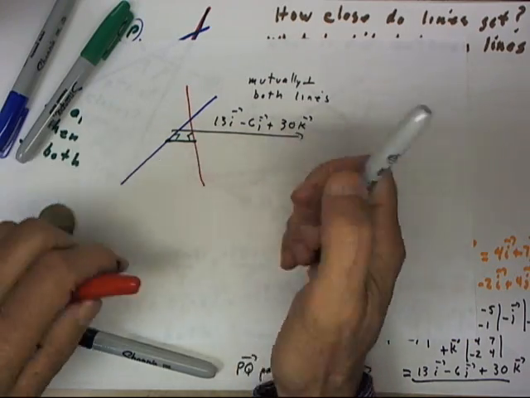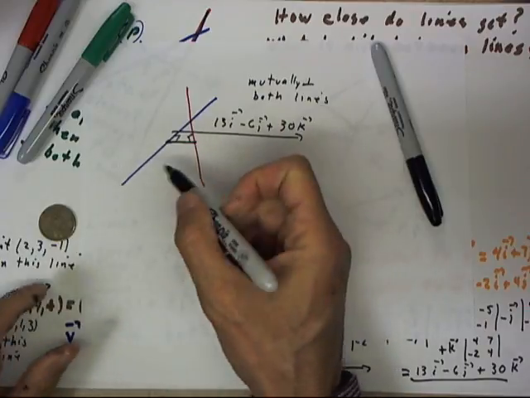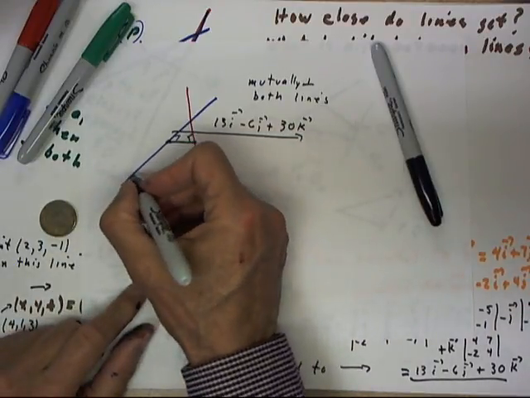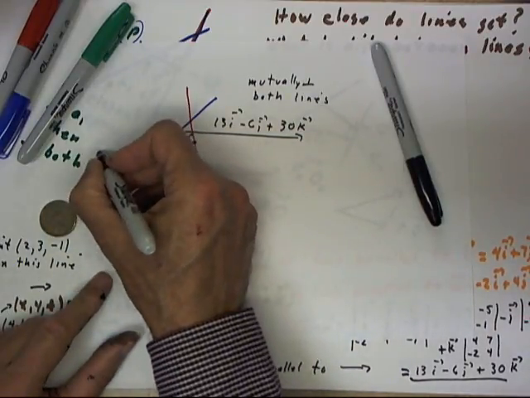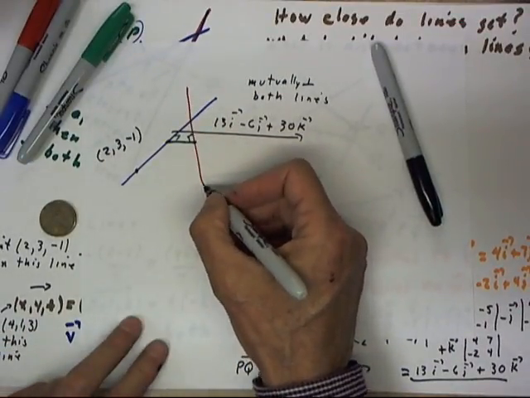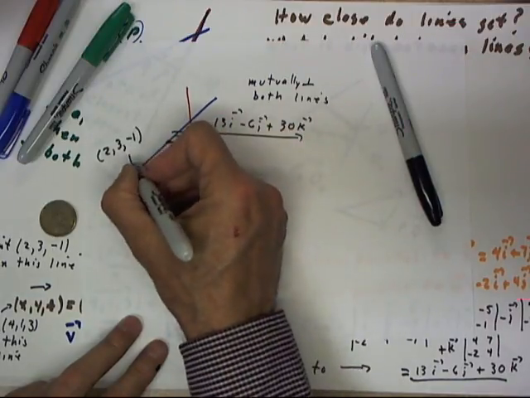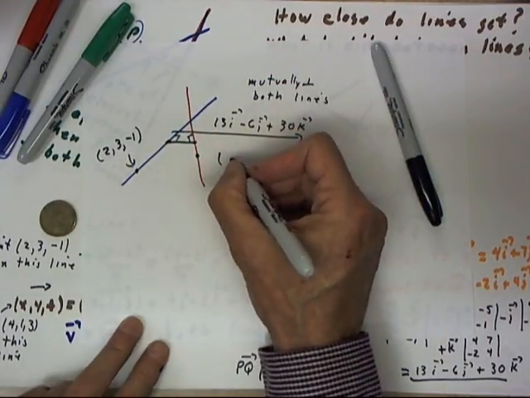Now we have 2 points that we've just calculated, 2, 3, negative 1 on the blue line, and 4, 1, 3 on the red line. Again, not drawing these to scale.